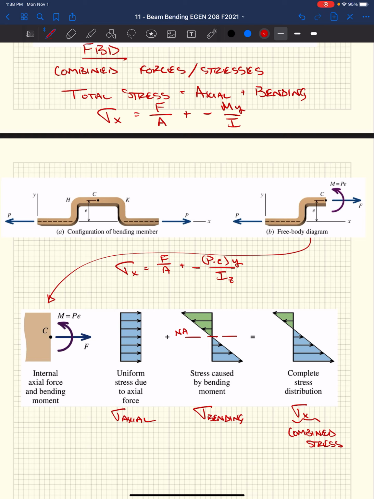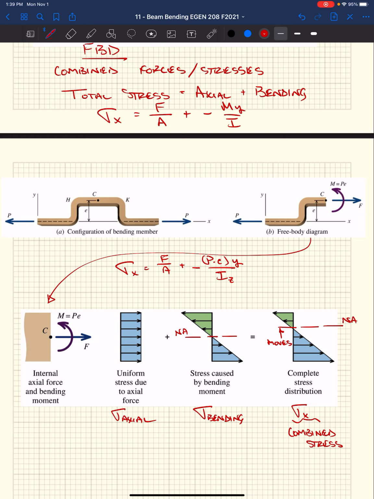If we had just pure bending, neutral axis, in this case it looks like it's ending up right in the center. Well, now that we have combined loading, and we have some axial load, if we add axial load to it, the combined loading ends up moving that neutral axis, right? The point that has zero stress. That's all I really want you guys to get out of that.